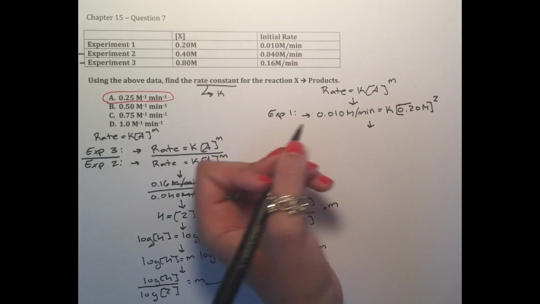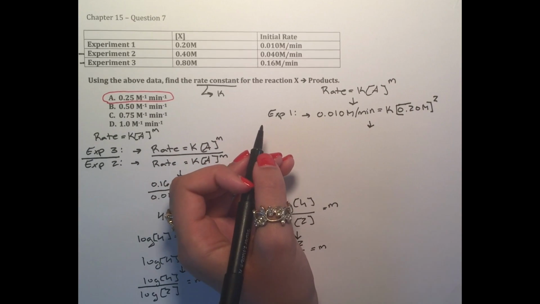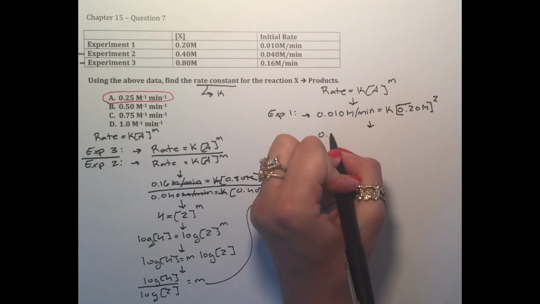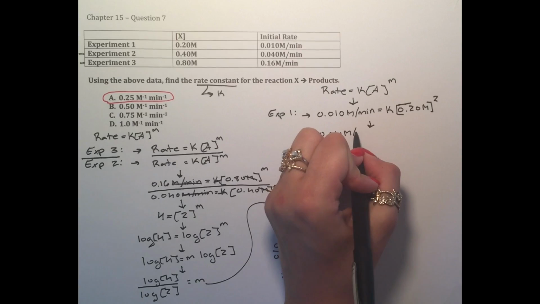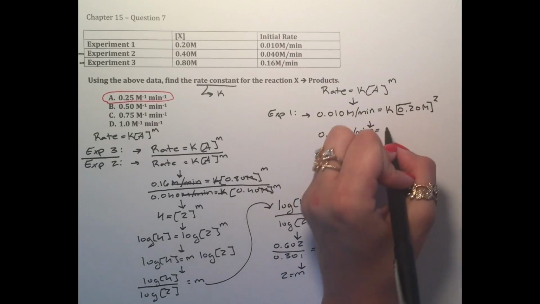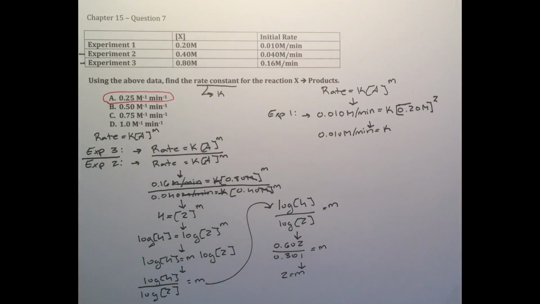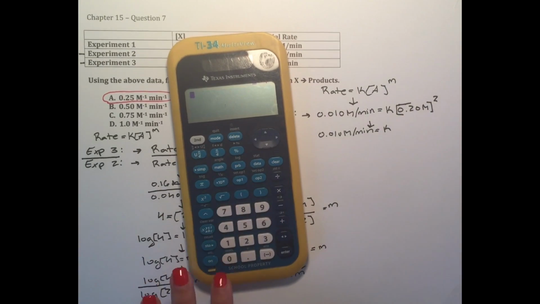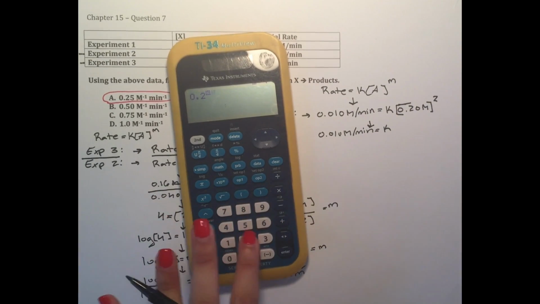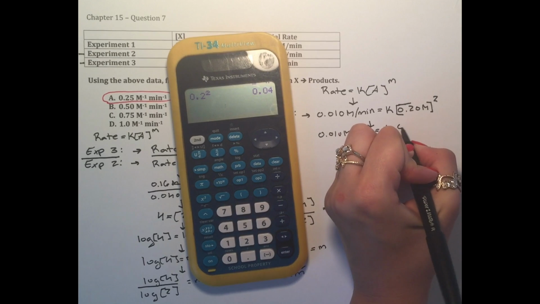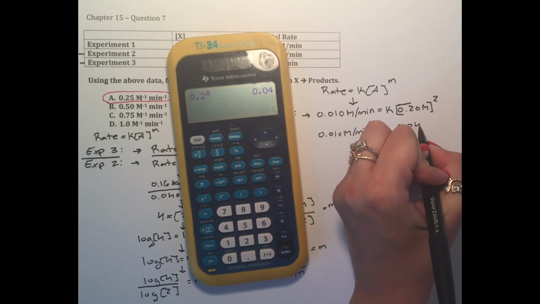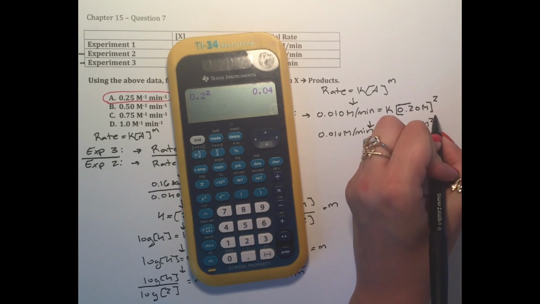So let's just clean up this problem a little bit. Okay, so we have 0.2 squared. This is going to give us 0.04 molar squared.